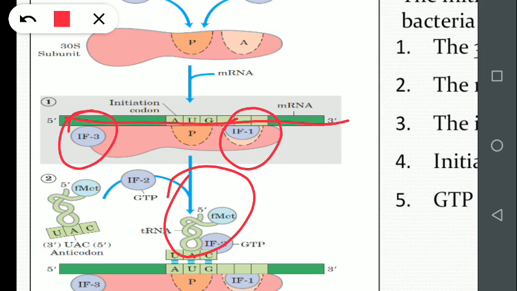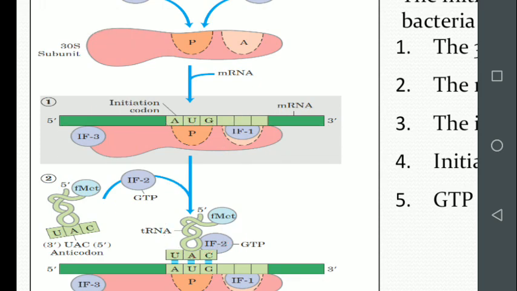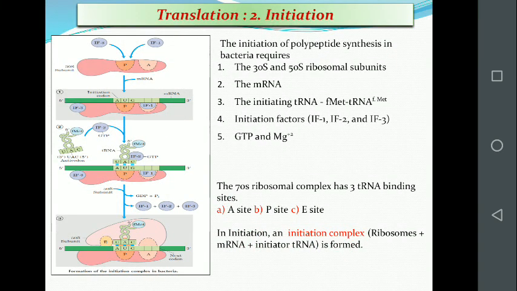Therefore, in the P site the formyl methionine tRNA comes and occupies that site with the help of IF2-GTP. And the AUG is rightly placed in the P site, which is guided by the Shine-Dalgarno sequence. The Shine-Dalgarno sequence is a polypurine sequence.